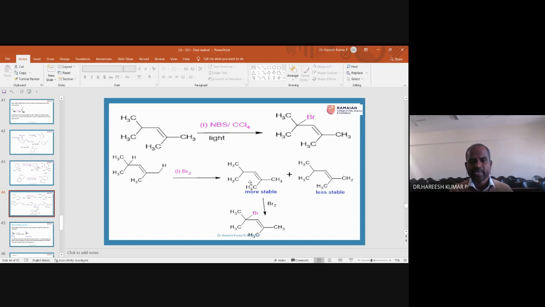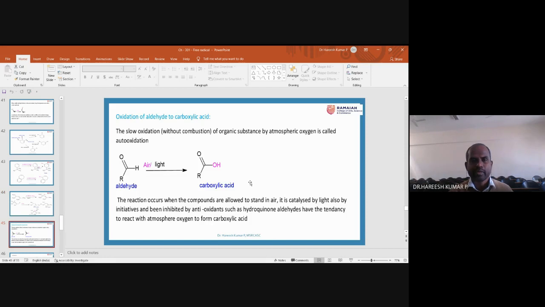Here I am taking an aldehyde. So this is an aldehyde. Oxidation of aldehyde to a carboxylic acid. So the reaction of aldehyde in presence of light, more particularly in presence of air.